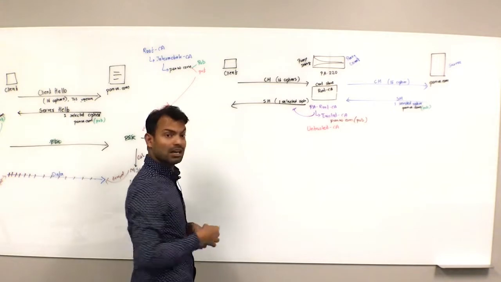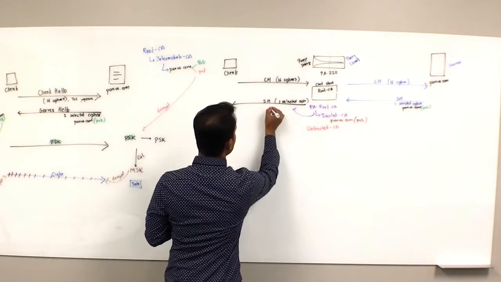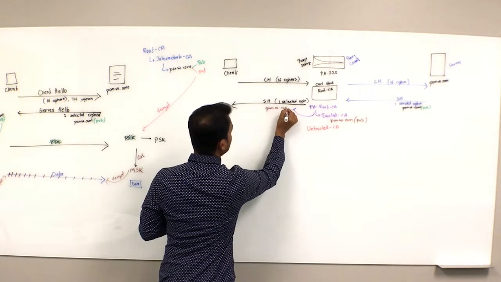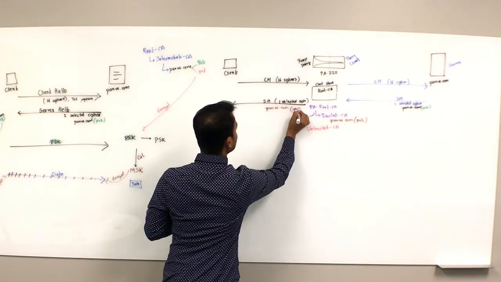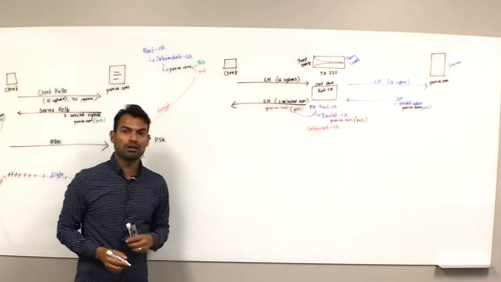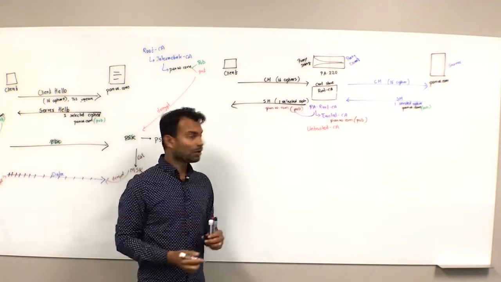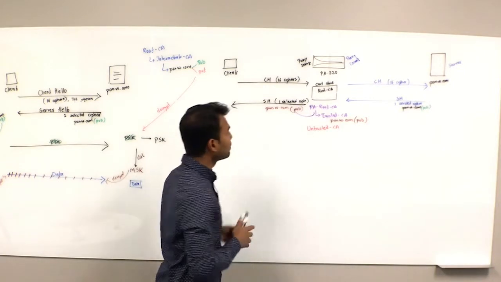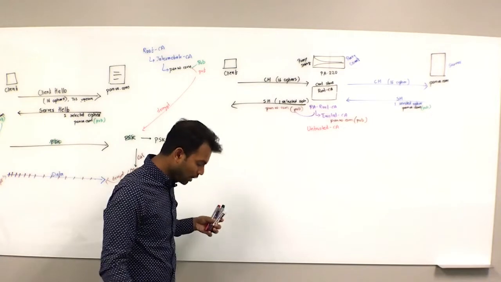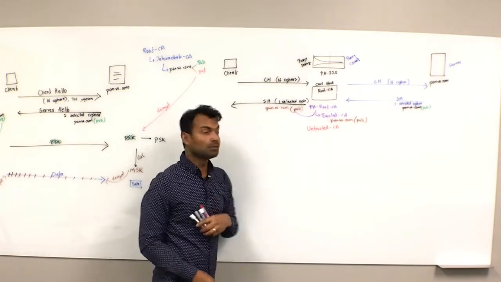I'm going to just write the last leaf certificate just to save some space. So let's say we have panw.com with the public key going with it. Remember, this is not the same certificate. It's a different certificate which was created based on copied information from the original server cert.